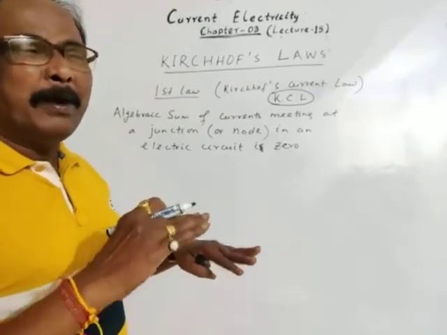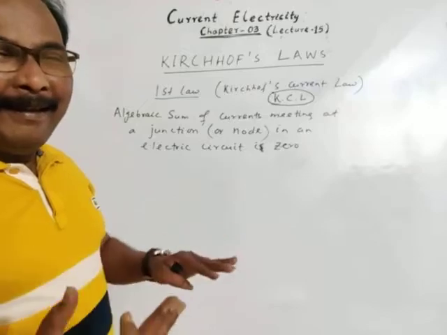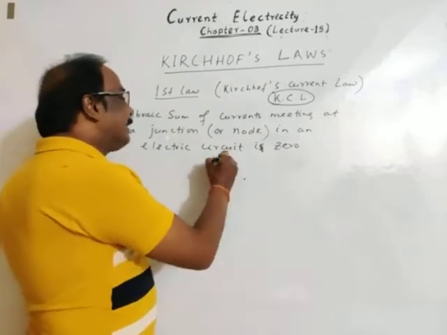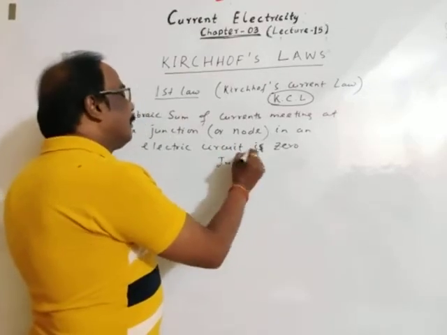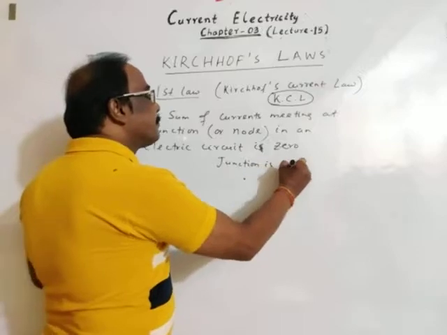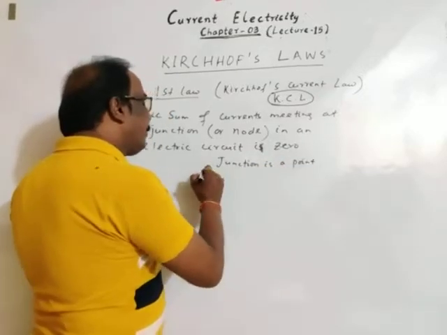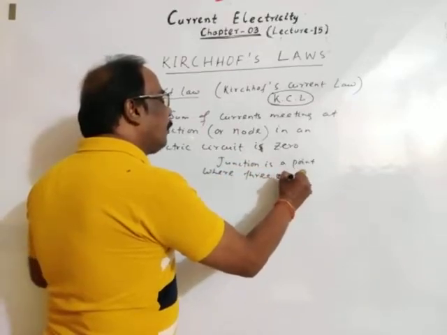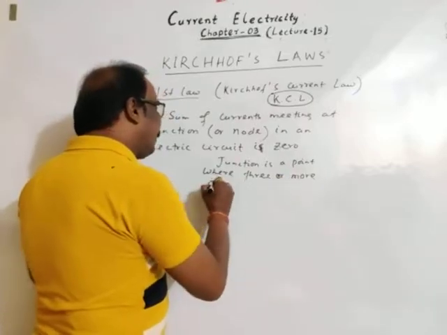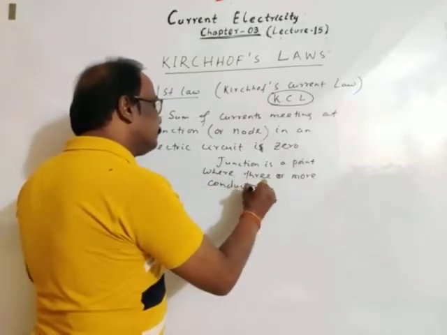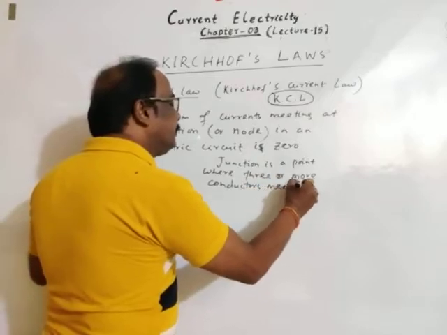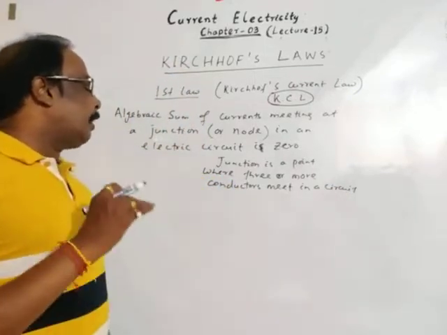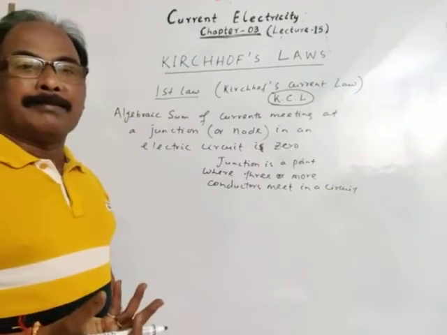Here, in a simpler way, node or junction is a point where three or more conductors meet in a circuit.